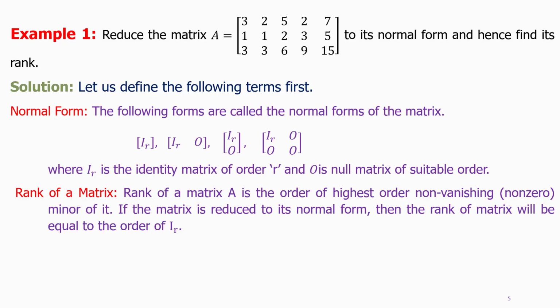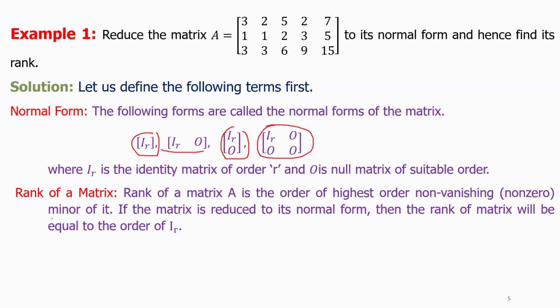So if we are given any matrix and that matrix can be reduced into a form like IR, IR 0, or IR 0 0 0, then this is called the normal form of the given matrix.